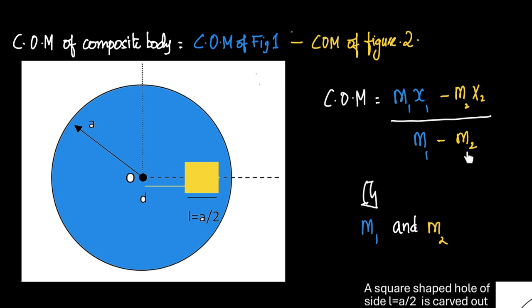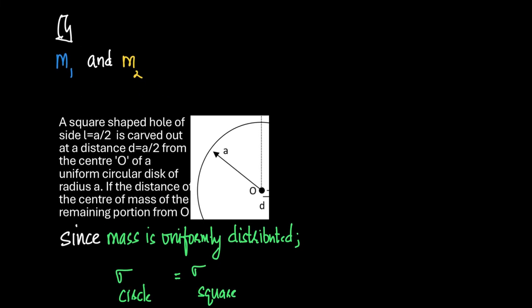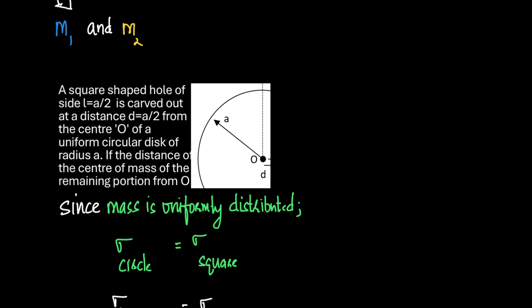Now the next question is, what are m1 and m2, because they are not given directly in the question. To analyze that, we need to consider one specific phrase given in the question, which is uniform circular disk. What does it mean when the mass is uniformly distributed?